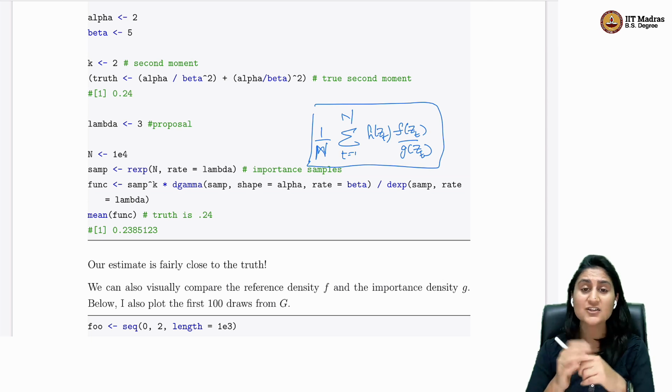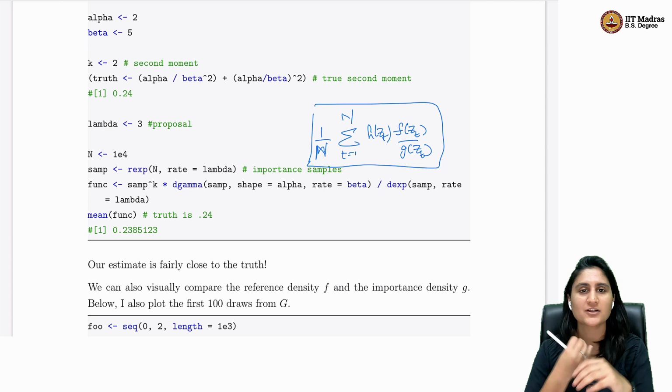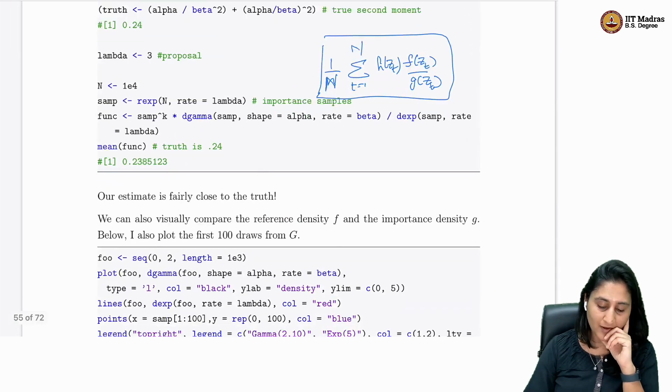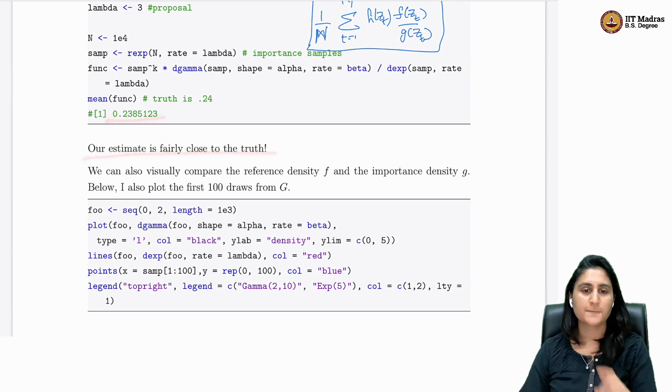Now again, in this case, I actually know what that integral is. I know what the second moment is, and I don't actually need importance sampling. But this is for demonstration, to let you see how we can use importance sampling. Our estimate is very close to the actual truth.